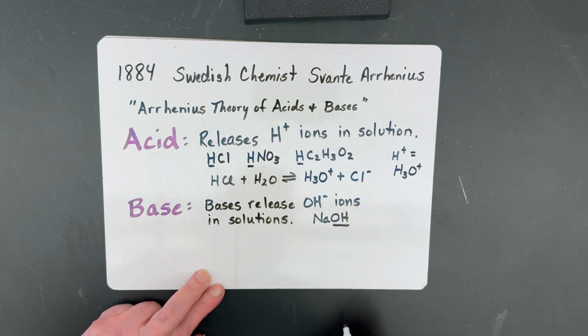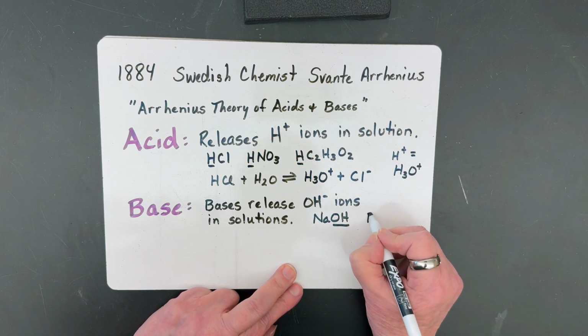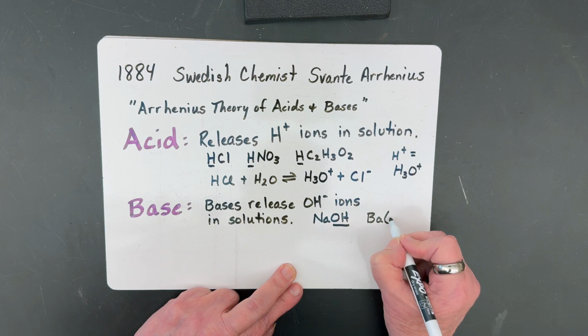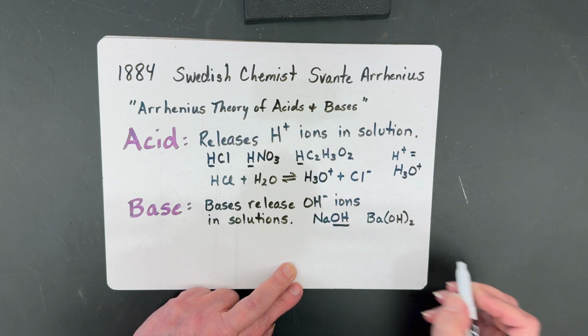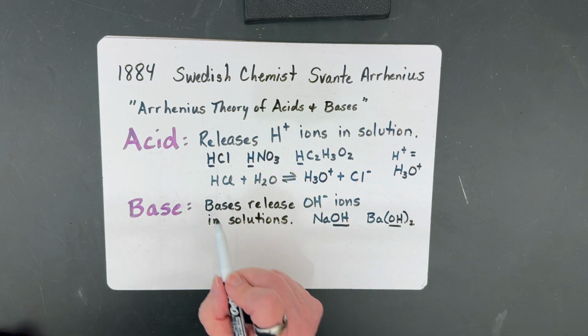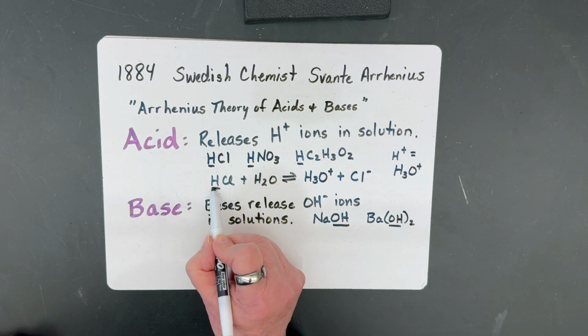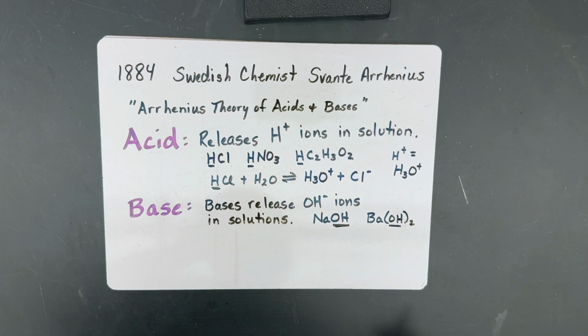That OH is the ion that will come off. Or barium hydroxide has two OHs on it. Again, on the right-hand side, you have OHs. So for acids, you have H's on the left, and for bases, you have OHs on the right.